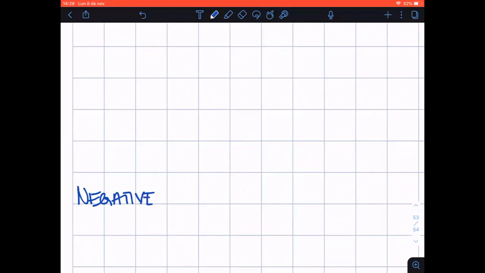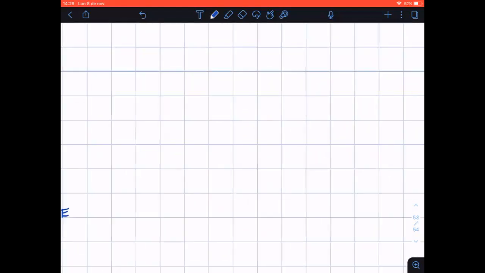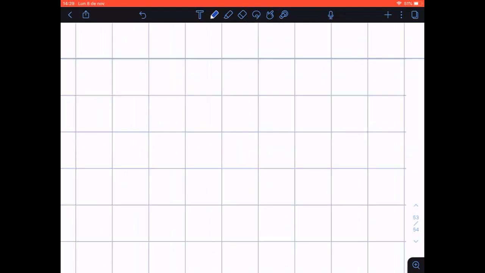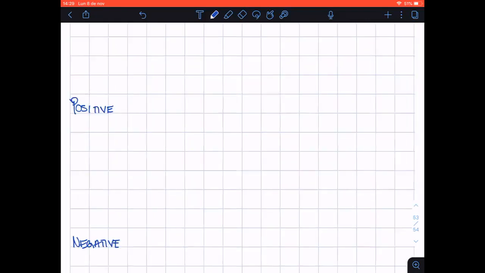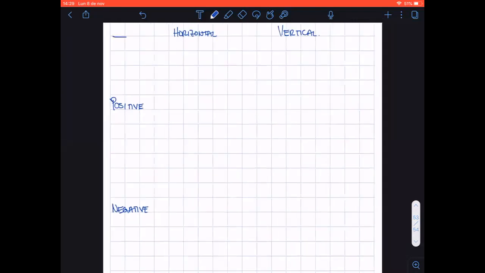Okay, there are horizontal parabolas, and vertical as well. So for any problem that you will solve on parabolas, you will have to gather the table that we will construct right now.